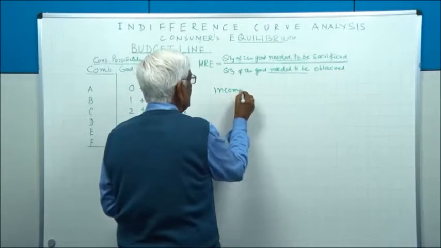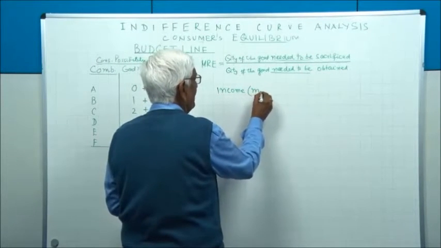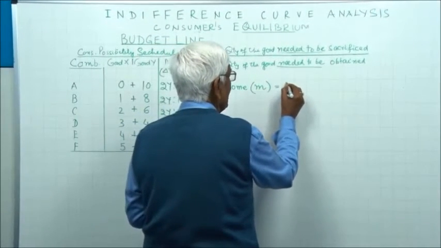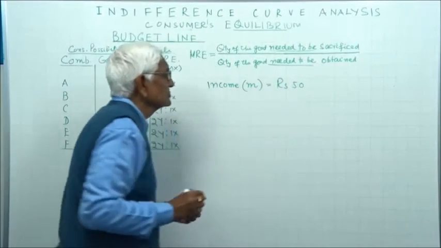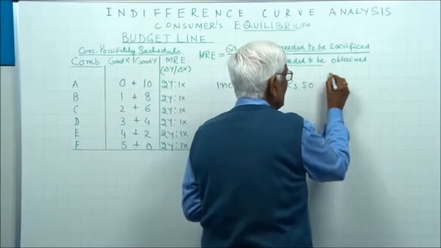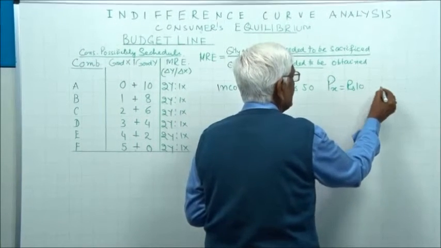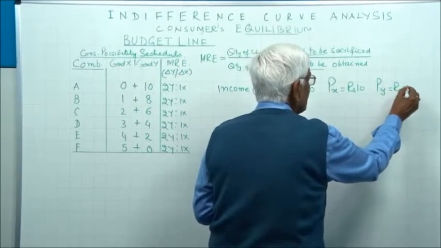We have assumed income के लिए एक symbol इस्तेमाल होता है M. Income is taken as equal to rupees 50, price of X rupees 10, price of Y rupees 5.